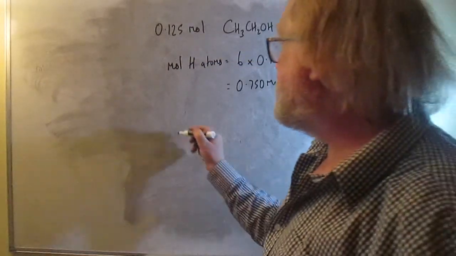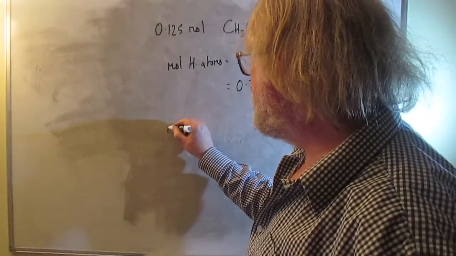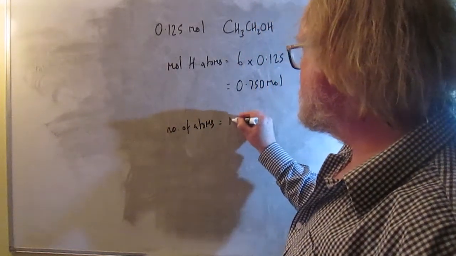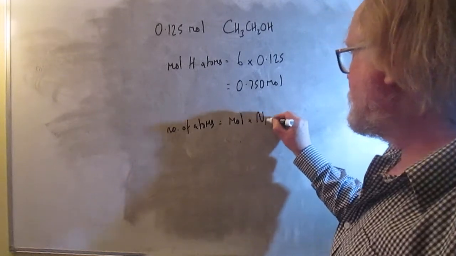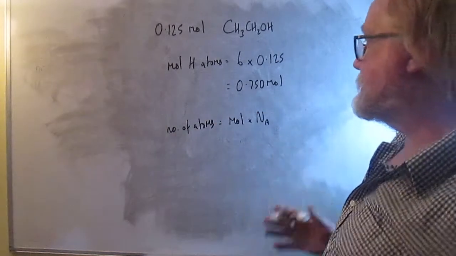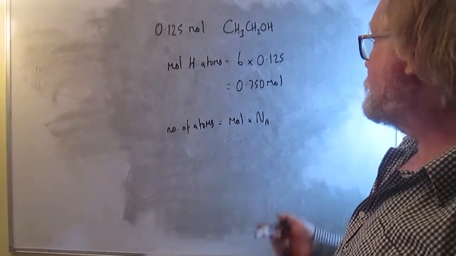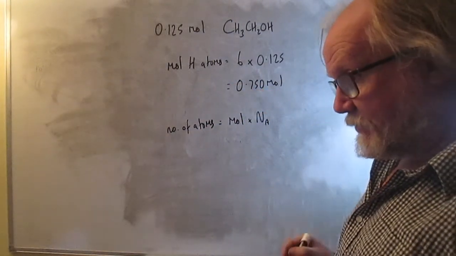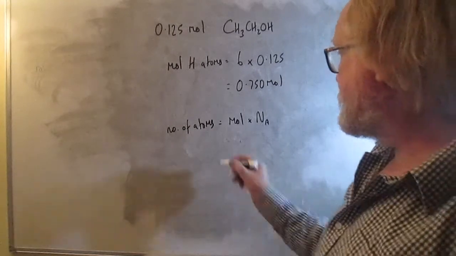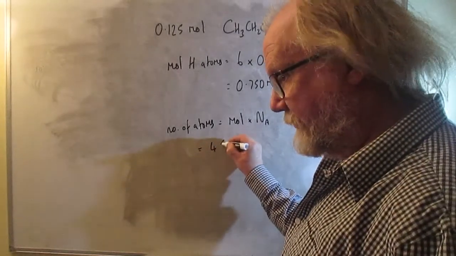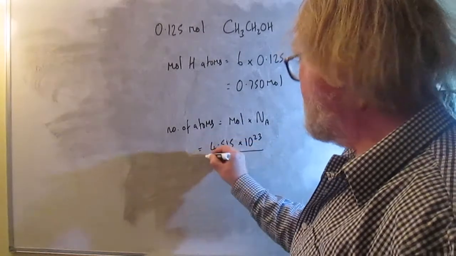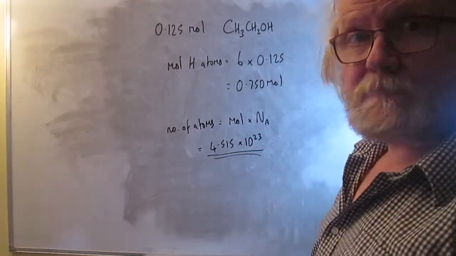And then we simply use the idea that the number of atoms is moles times Avogadro's number, which is one of those fundamental relationships of moles that you need to know. So we just multiply that number by 6.02 times 10 to the 23, and you get 4.515 times 10 to the 23, which is answer B.